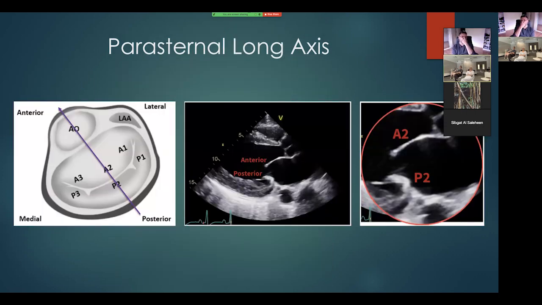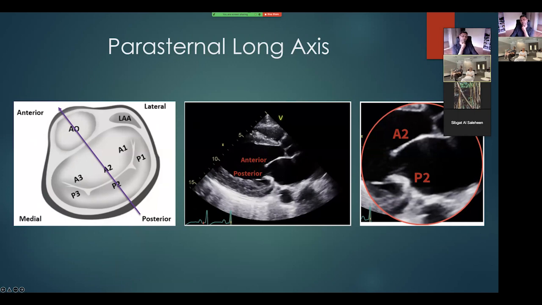And parasternal long axis. So here we are cutting the leaflets at 90-degree angle. Because if you remember, from parasternal long axis to short axis, we move our probe by 90 degrees. So we'll be cutting your leaflets at 90 degrees. Let's talk about this view.